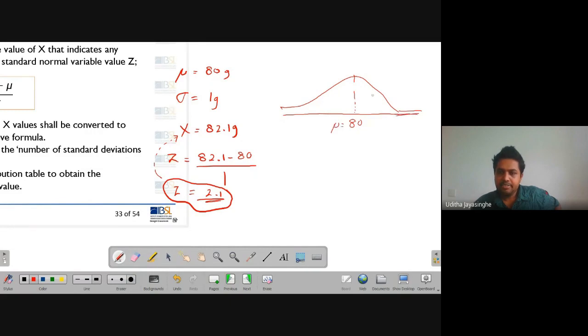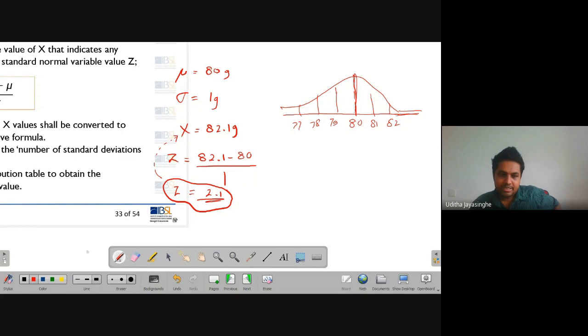And what about the standard deviation? We already know it is 1. So this is going to be 81, 82. I'm just marking 1 standard deviation and 2 standard deviations away from the mean. This is going to be 79, this is 78, 77, like that. Now I have marked the standard deviations also.